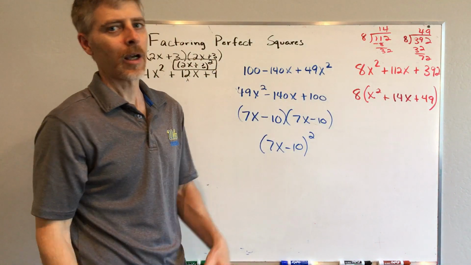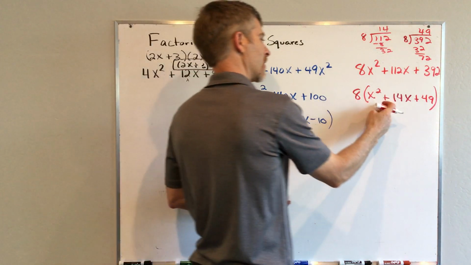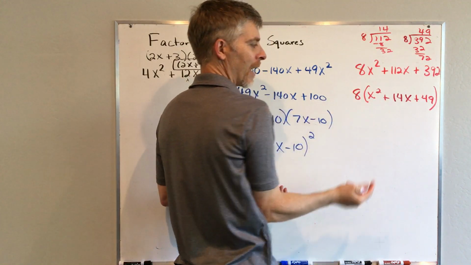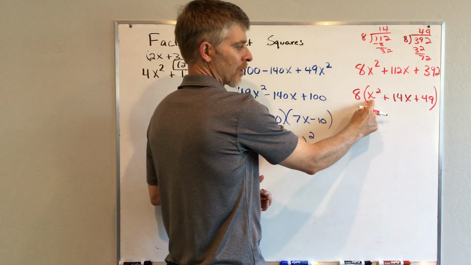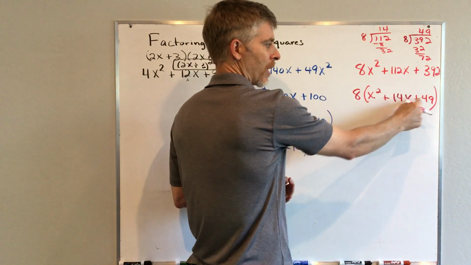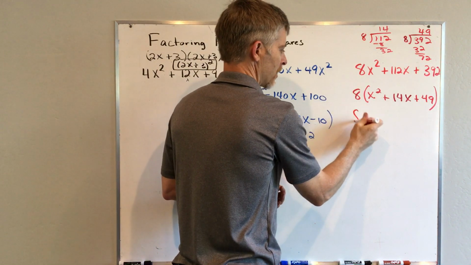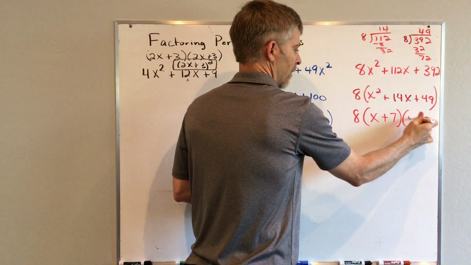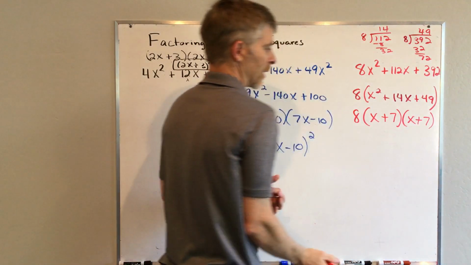All right, and so you're like, oh, I'm done. But look what's inside the parentheses. We have a trinomial, and it's a perfect square trinomial because x squared is a perfect square, 49 is a perfect square. So this is going to go x plus 7, x plus 7, right?